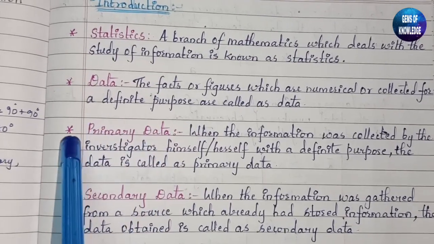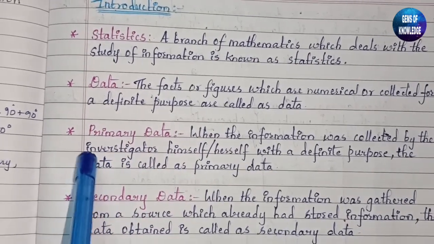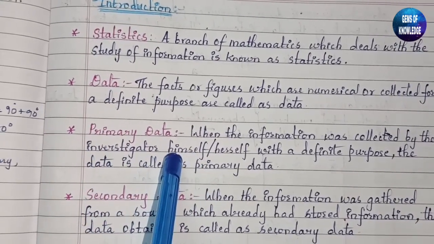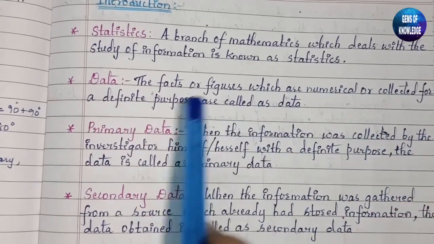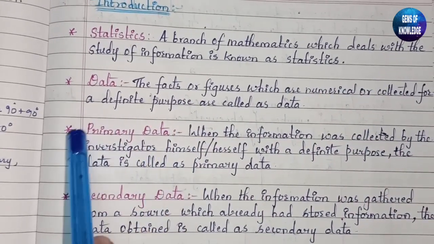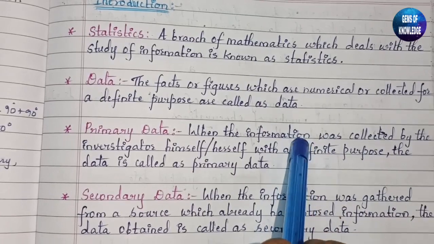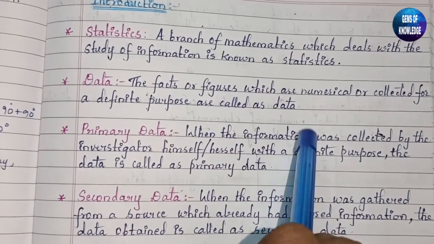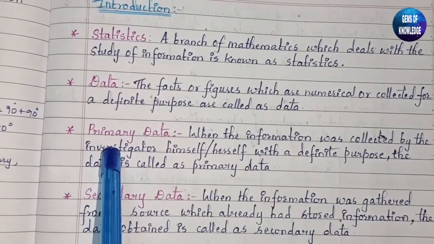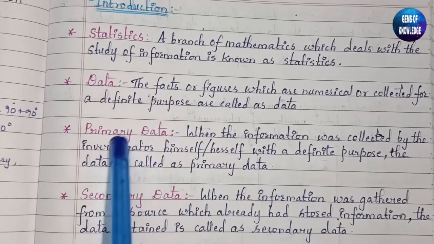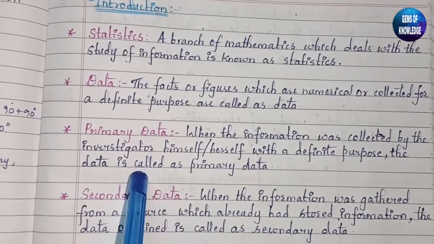That is nothing but primary data, where you yourself are the investigator. You collect the information from different sources and you investigate for the collection of that information. The data you get is known as primary data. I hope you have understood what primary data is.